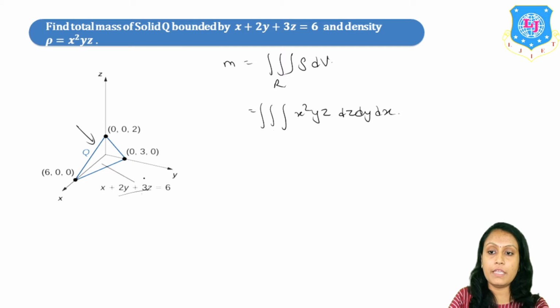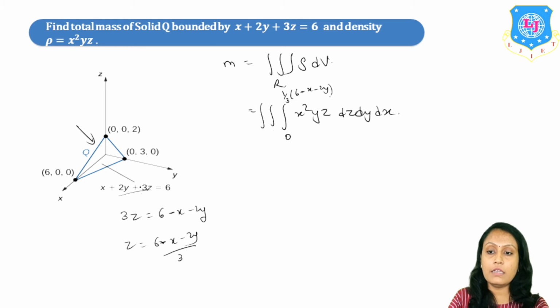Firstly make z the subject. So here you will get 3z is equal to 6 minus x minus 2y, so z is equal to (6 minus x minus 2y) upon 3. So the limit of z is from 0 to 1 by 3 times (6 minus x minus 2y).